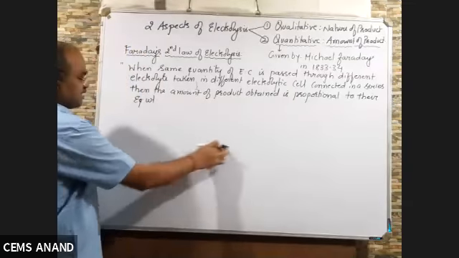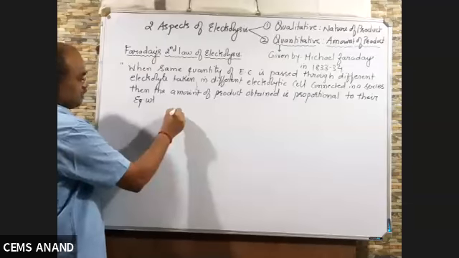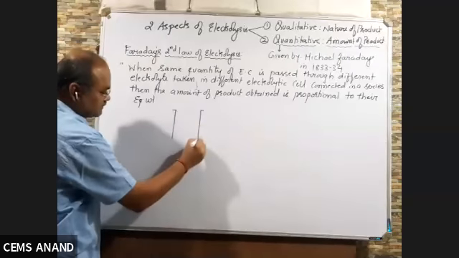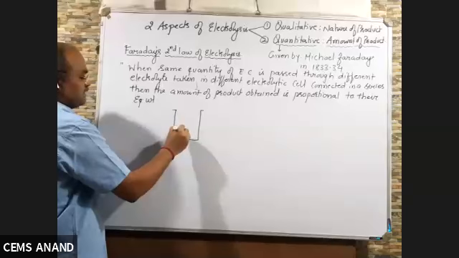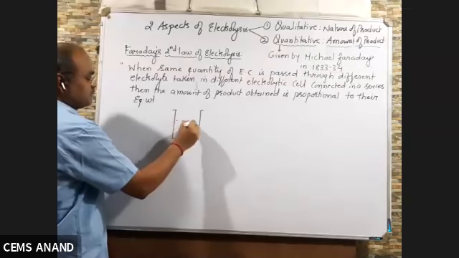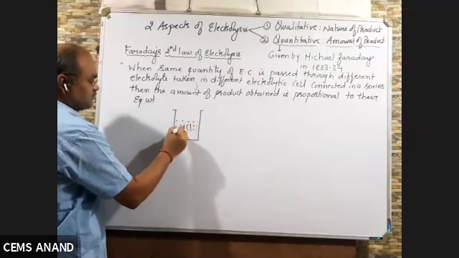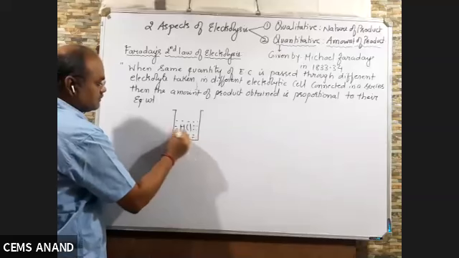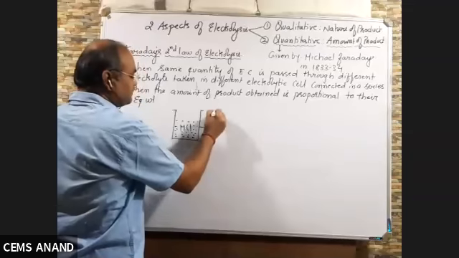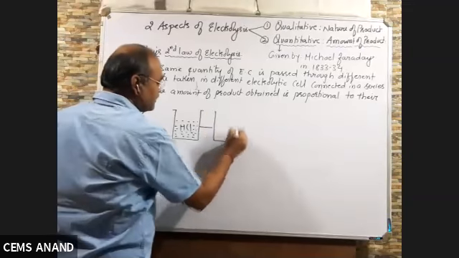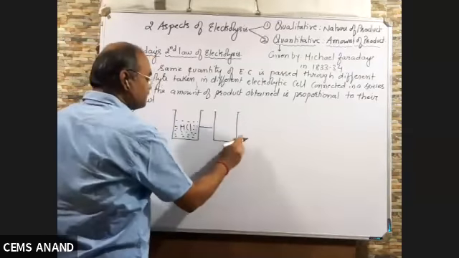If you don't understand, I can take an example. For example, this is one electrolytic cell. Here I have taken HCl. These I have connected in another electrolytic cell.